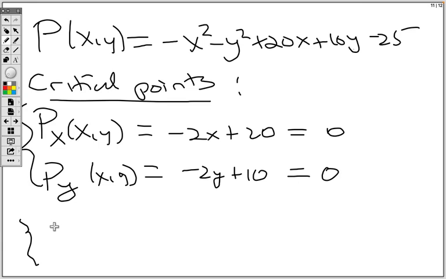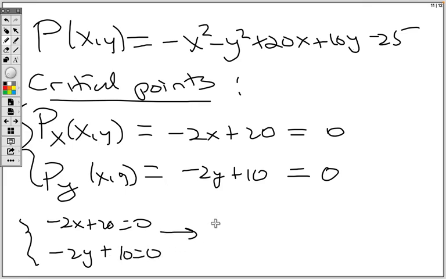So you've got my system of equations here. And we saw this before because we got this quadric surface here. We get exactly what x and y are. What we get for x, what do we get for y? X is 10 and y is 5.